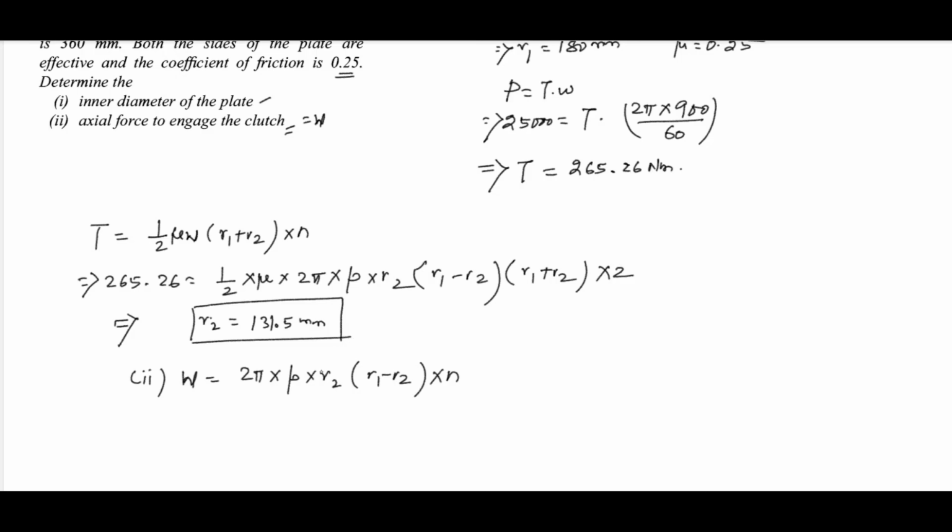Okay, so substitute the value 2 pi into 85 kilonewton per meter square, so 85,000 into R2 is 0.1315 in meter, then R1 is 0.18 minus 0.1315 into 2, so we'll get W as 6812 Newton.